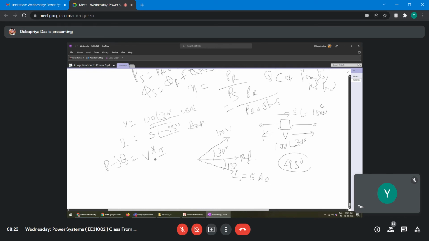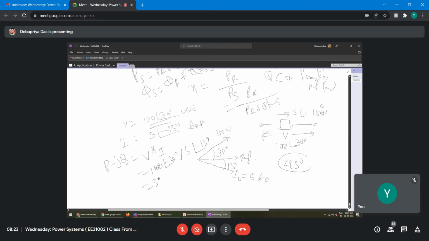But V I conjugate also can be used, particularly for fault studies when impedance is used, right? So this is the conjugate we consider just to capture the power factor angle, right? Therefore, if you take V conjugate, that means it will be 100 angle minus 30 degree into 5 angle minus 15 degree, right?